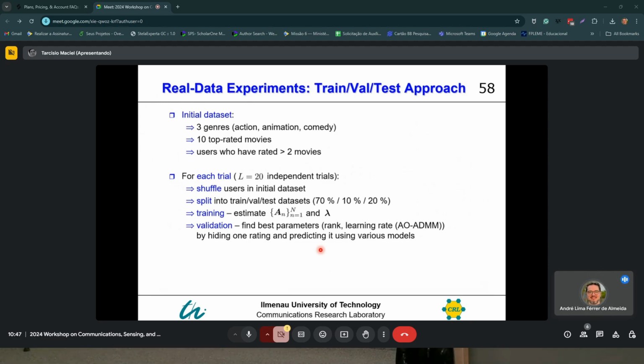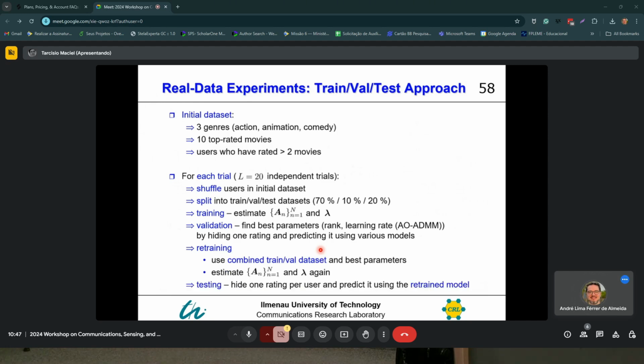Remember, if you have a real dataset, you do not know the true rank, so you have to select it by validation. But in the next talk, we will show a way in which we can learn the rank also from the data. Then we retrain, and then we test. Testing is that we hide one rating from the observation, and then we predict it using the model.